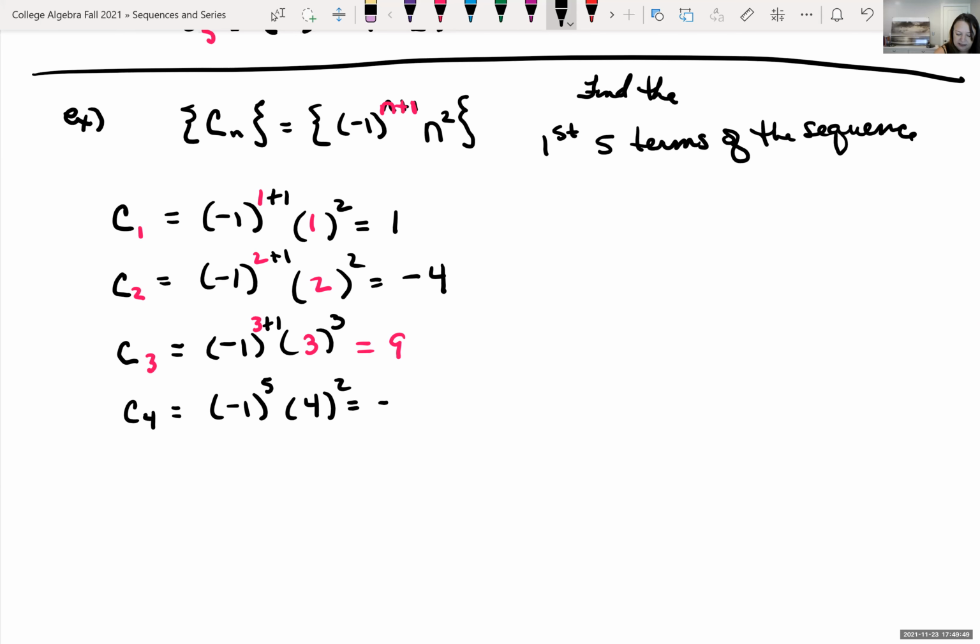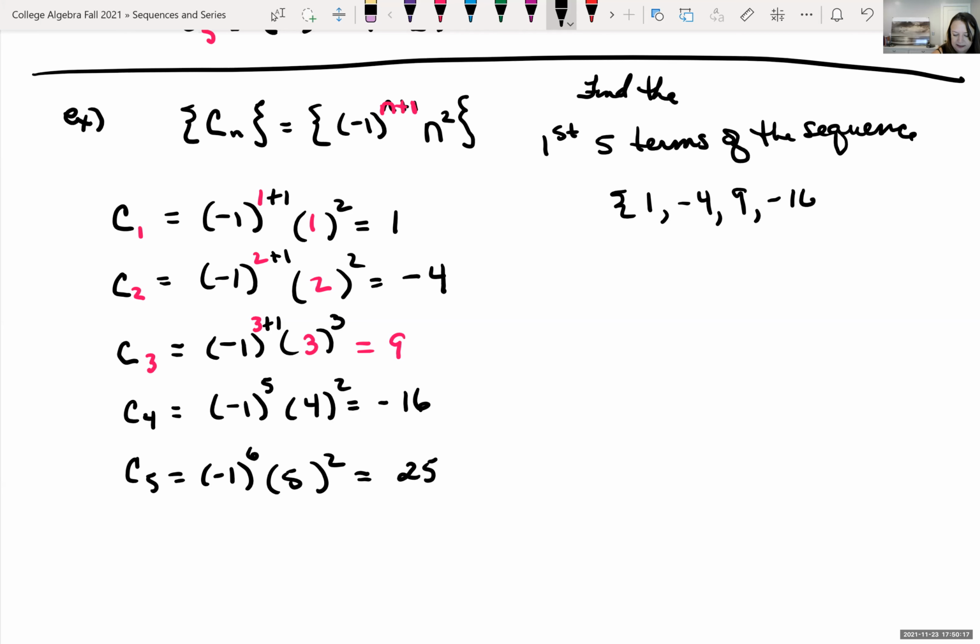So this is going to be negative 16. I can see that these are squares: 1 squared, 2 squared, 3 squared, 4 squared, 5 squared, which would be 25. And it would change to a positive because the last one was negative. 5 plus 1 is the 6th power, and we have 5 squared. Okay, so the first 5 terms of our sequence are 1, negative 4, 9, negative 16, and 25.